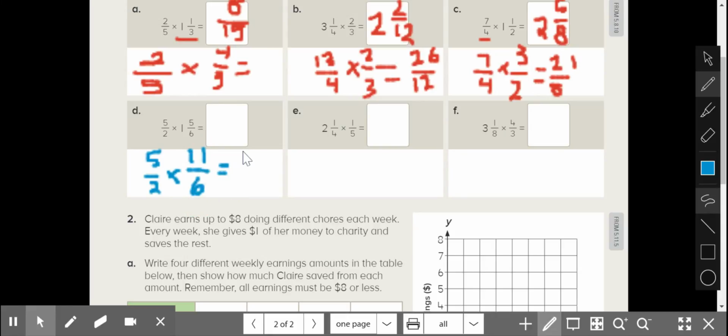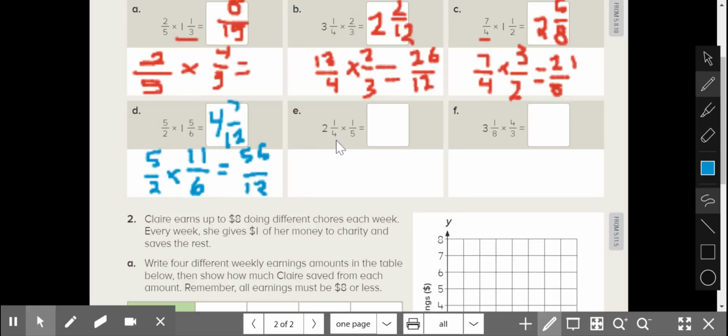Take 5 times 11, we get 55, and take 2 times 6, we get 12. So 55/12ths, or we turn this into a mixed number. 12 goes into 55 a total of 4 times with a remainder of, let's see, 7/12ths is our remainder. Okay, next one, push pause, then come back.